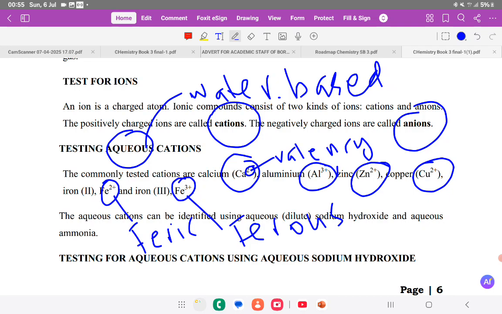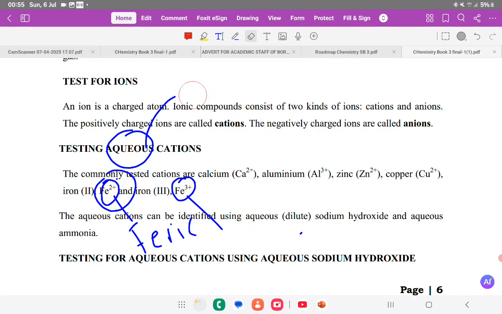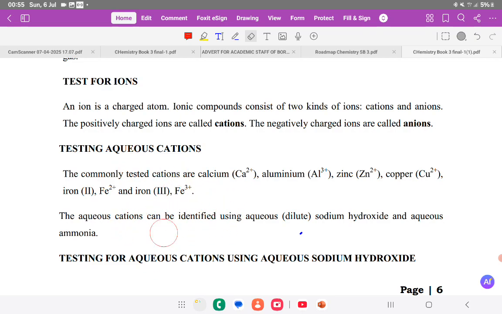What this means is that this element, iron, can form two possible ions. So the common cations that you are going to test, or you should be able to test, are these ones. Of course, there are times when you can have others like silver and other cations that are intended for testing.